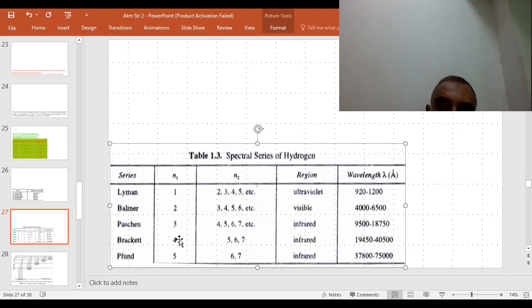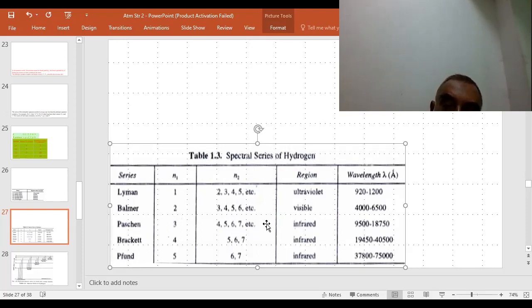So these are different spectral regions, and they take place in different regions of electromagnetic radiation.